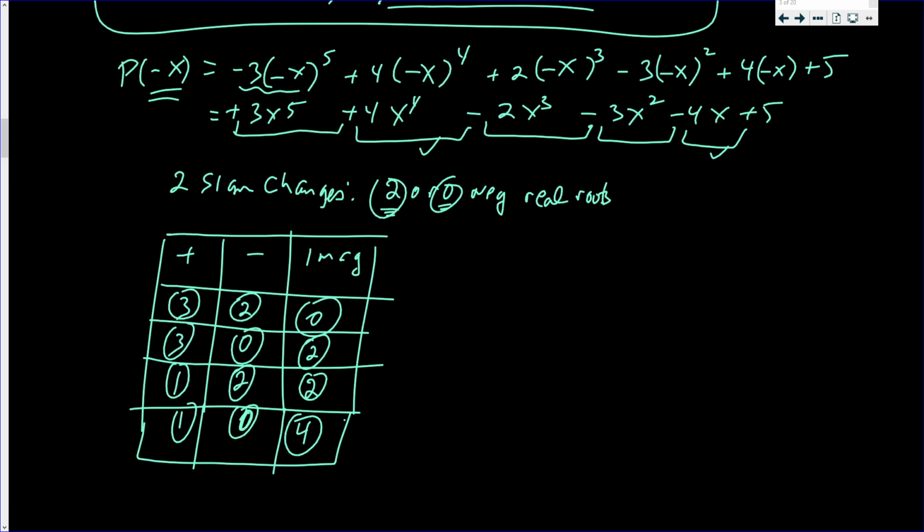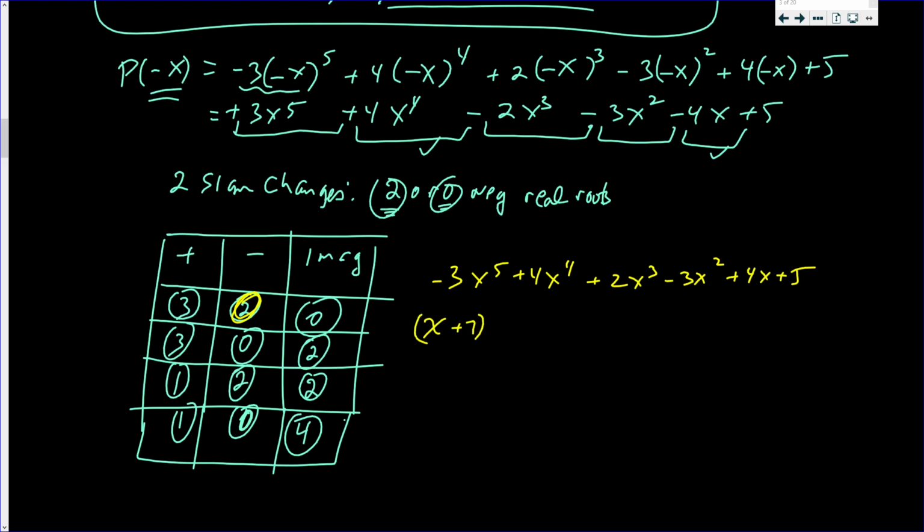Okay. Since it is a 5th degree polynomial, negative 3x to the 5th plus 4x to the 4th plus 2x cubed minus 3x squared plus 4x plus 5. If you find 1 negative root, say it was negative 7, so you have x minus negative 7.